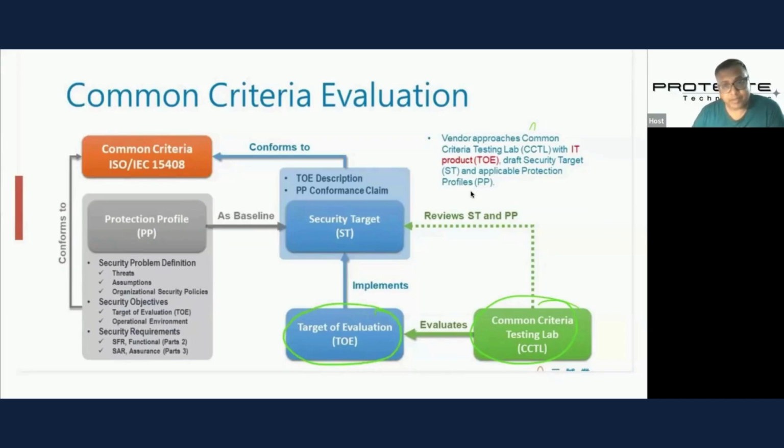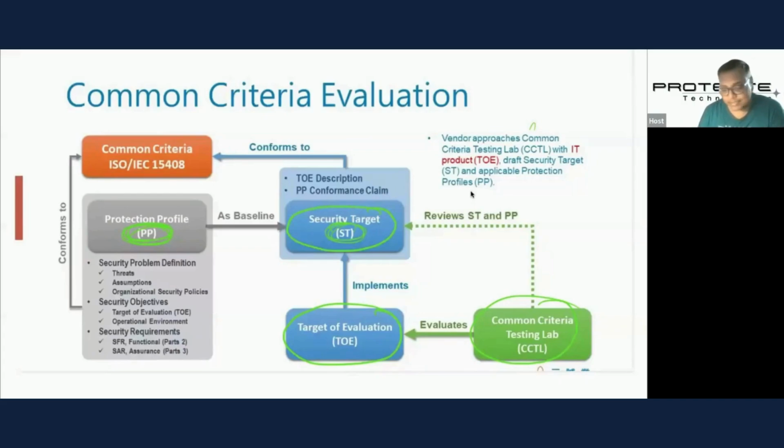So you take the equipment and say that this is the target of evaluation, and you want the system to meet a given security target, the standards against which you want your system to be checked. The common criteria lab then tests the system against the given security target and protection profile that you want your system to be compliant with.